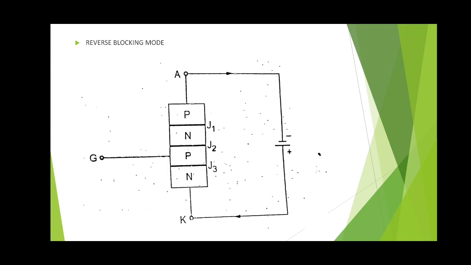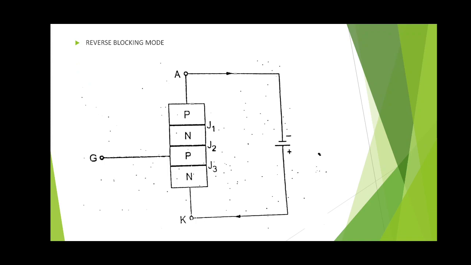Once again, I am repeating the first mode of operation, that is reverse blocking mode. In reverse blocking mode, the thyristor is reverse biased, anode is connected to the negative terminal and cathode is connected to the positive terminal, and gate is kept open. We know that there are 3 PN junctions.